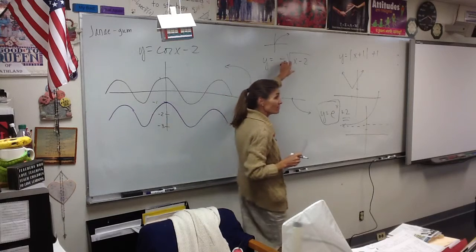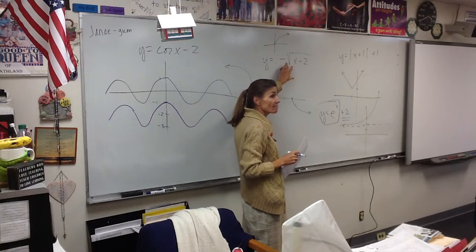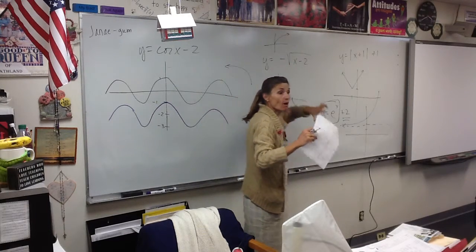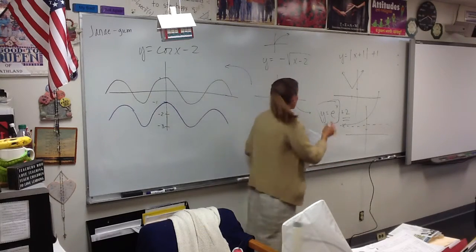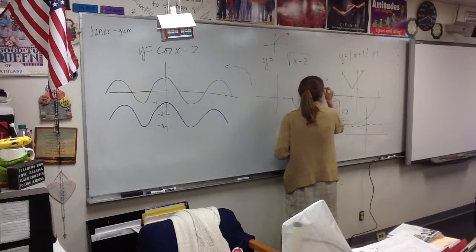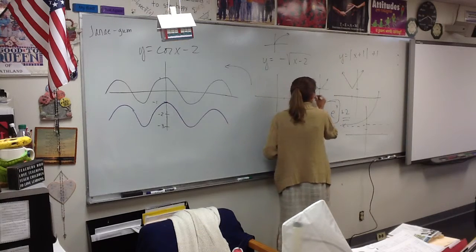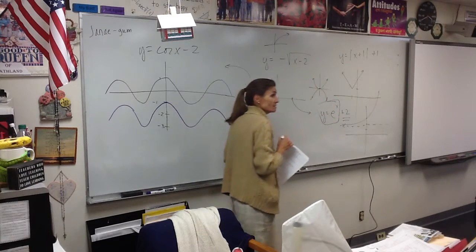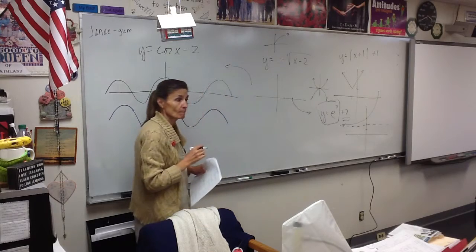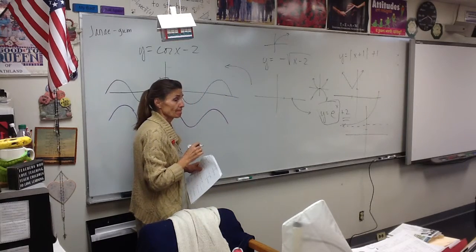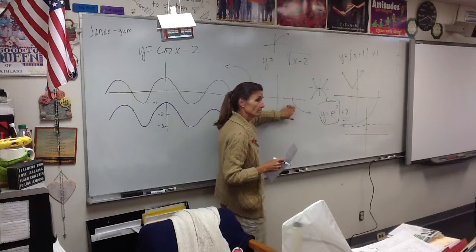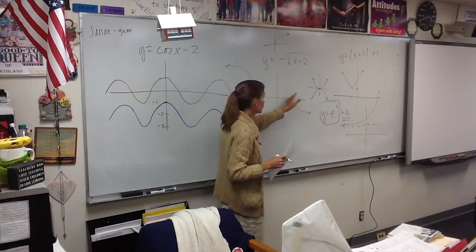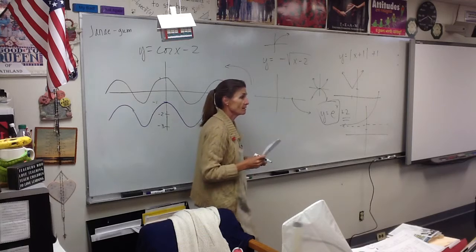The only negative we've studied so far is the negative out in front, and that always turns you upside down. So if you had a parabola with a negative in front of it, it would turn it over like this. So this is your final answer. Moved over 2 and flipped upside down.